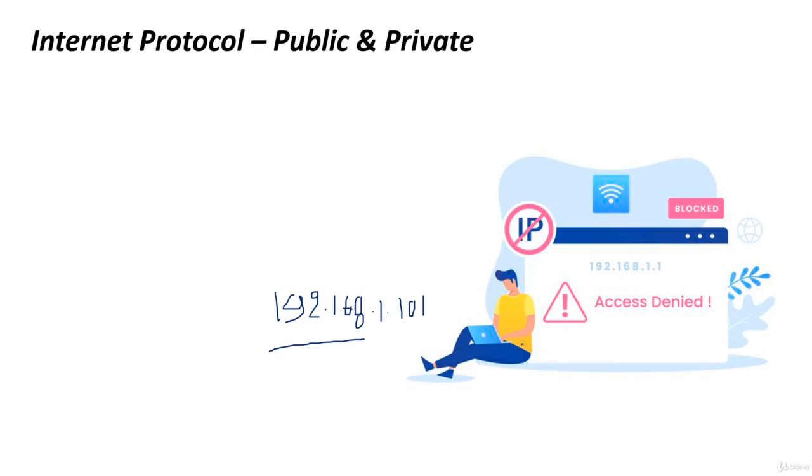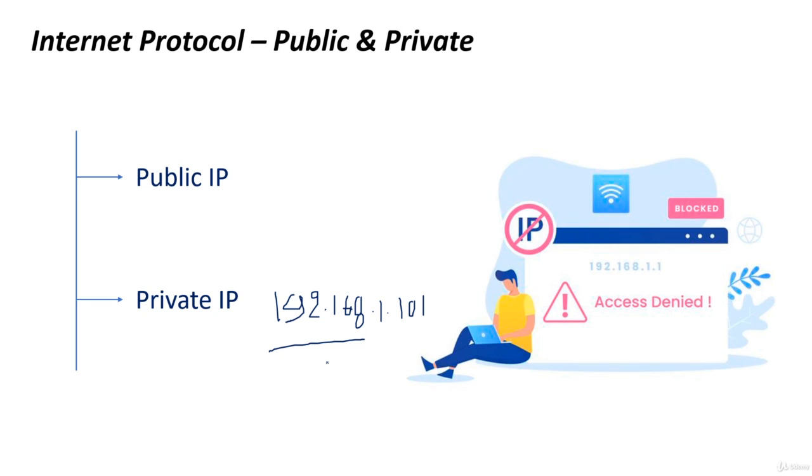Private IP addresses are assigned to the client devices connected to the router. A client device can be your laptop, mobile, tablet, anything which is capable of wireless networking.